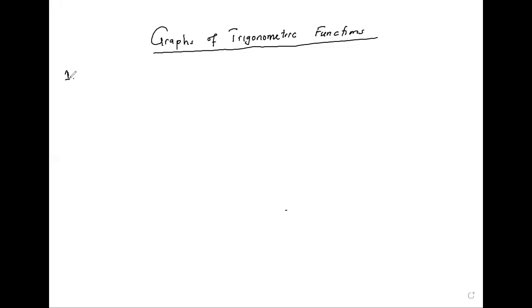The first graph, we look at the graph of f of x is equal to sine x. When you want to understand sine graphs, you first consider the properties of the general sine function.